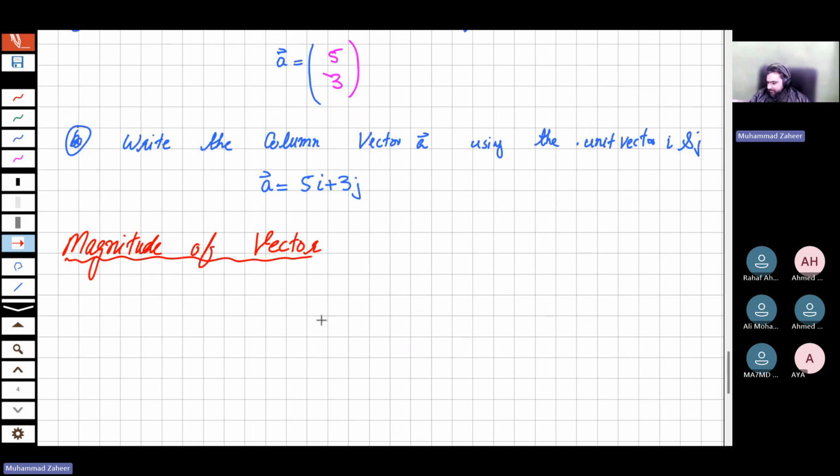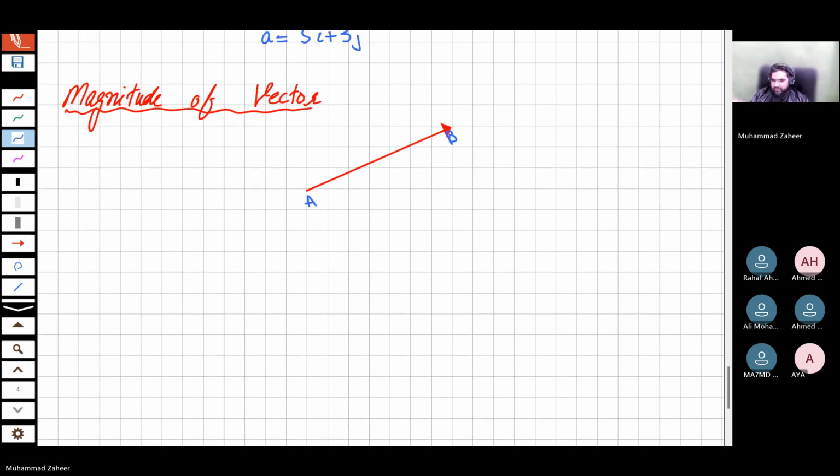Let's say we have a vector from A to B. Let's write it in column form. Write the vector AB in column form.